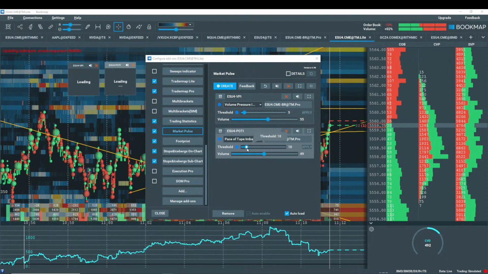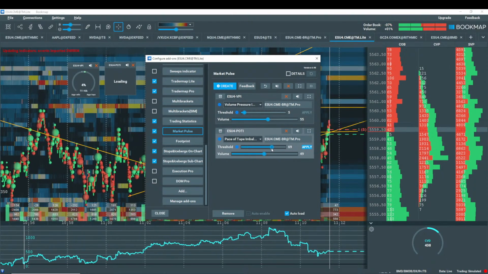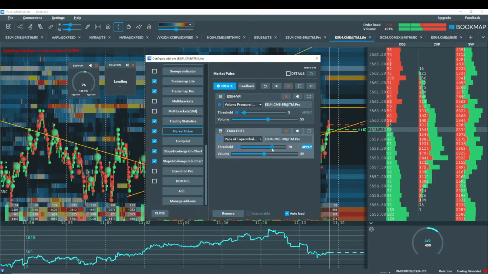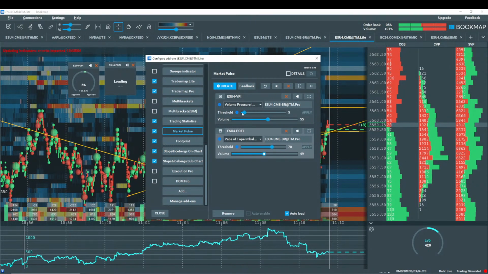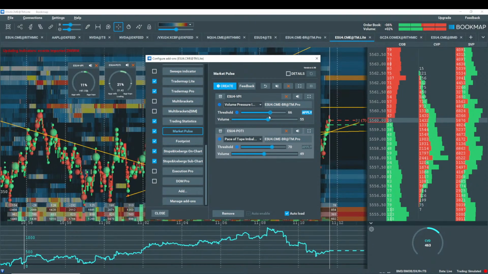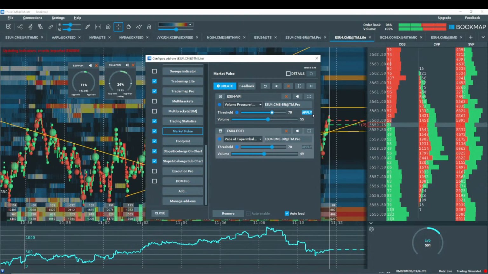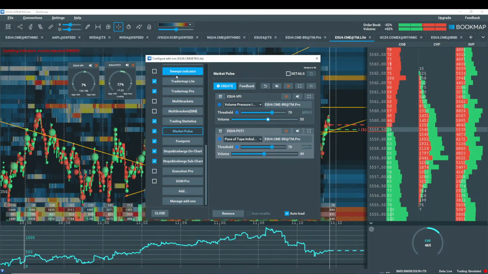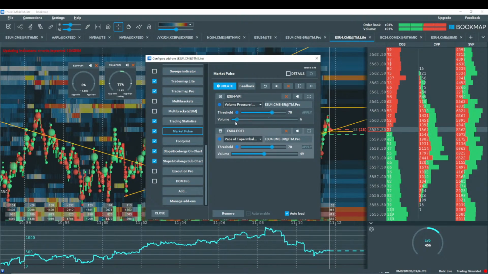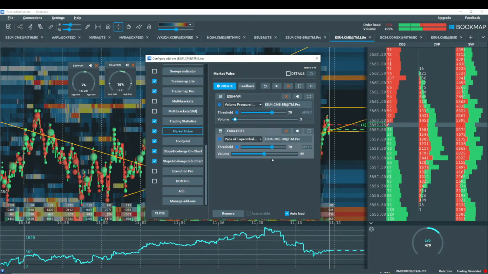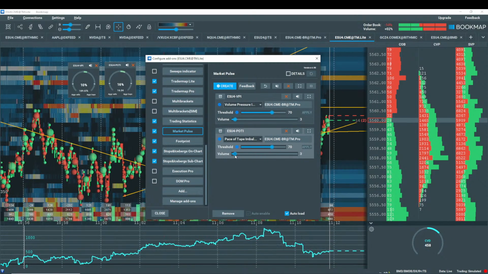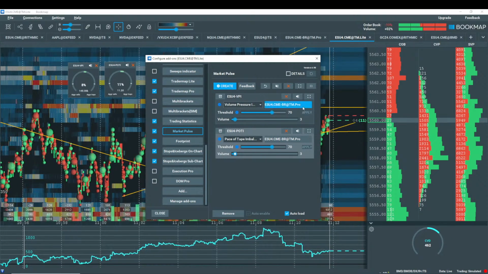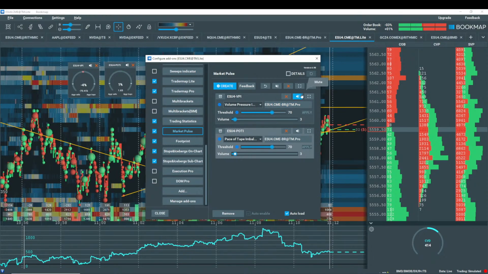Actually, let's bring the threshold way up here to 70, which is the default. All right, and then also on this one. And the volume I need to bring down.